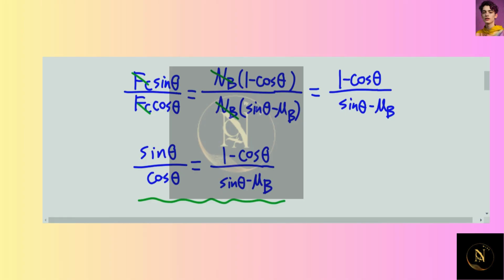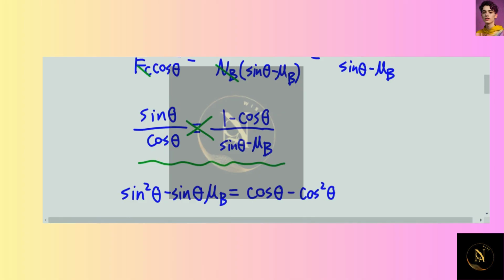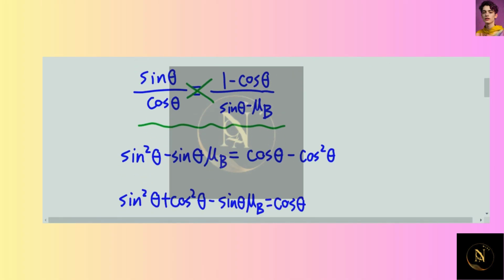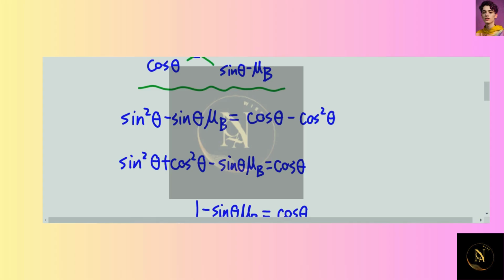Now we can cross multiply. So we have sine squared theta minus sine theta mu B is equal to cosine theta minus cosine squared theta, which gives sine squared theta plus cosine squared theta minus sine theta mu B equal to cosine theta.